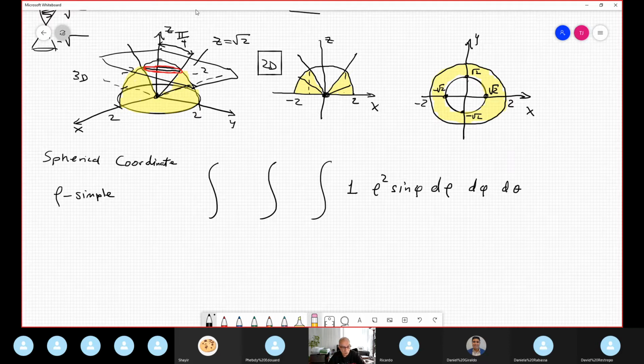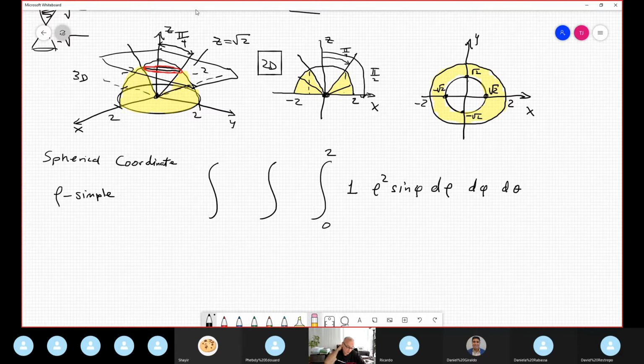It's just 2. So rho goes from 0 to 2. And phi obviously in the direct point goes from pi over 4 to pi over 2.